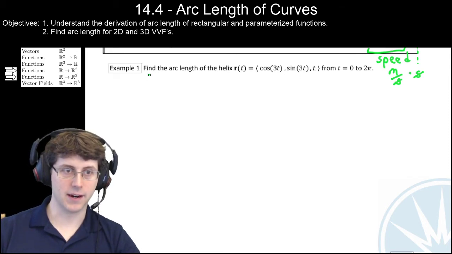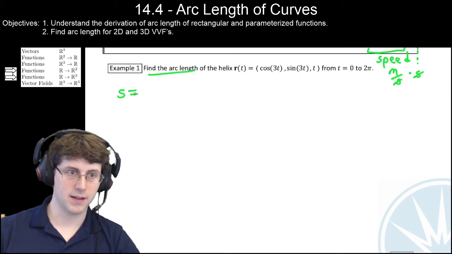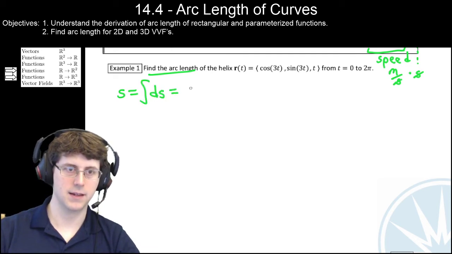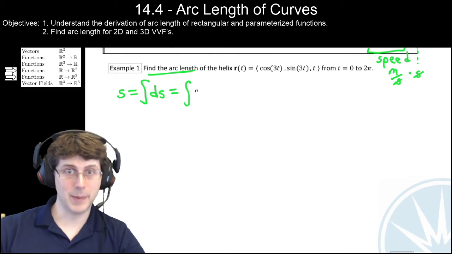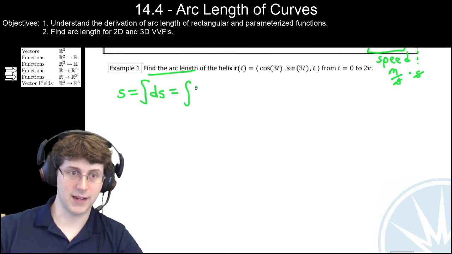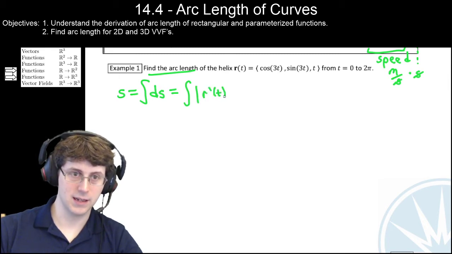Well, how do you find the arc length? You find the arc length, you find anything, by integrating all the little pieces of the thing. Then you look up what ds is, and the easiest one to remember is that a little bit of distance is found by taking the speed and multiplying it by a little bit of time.